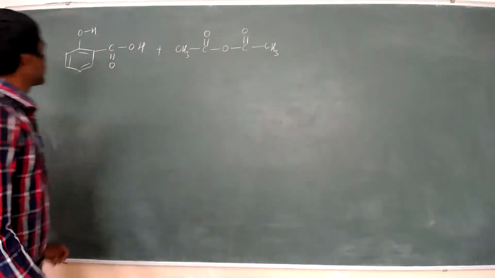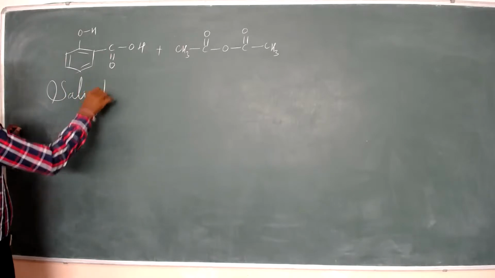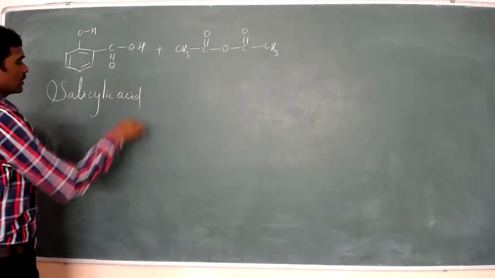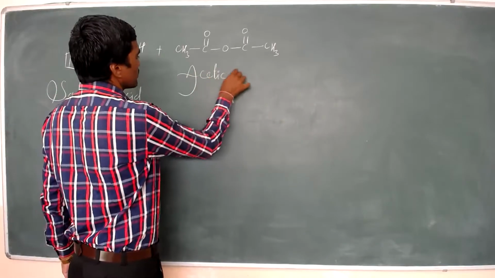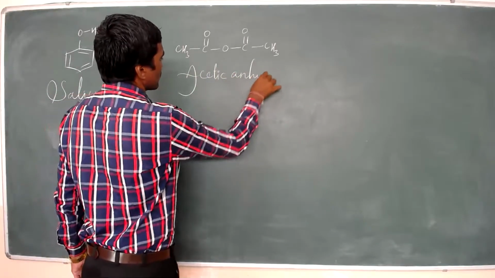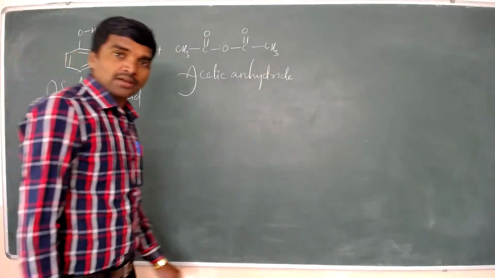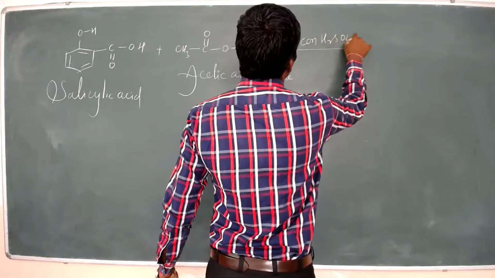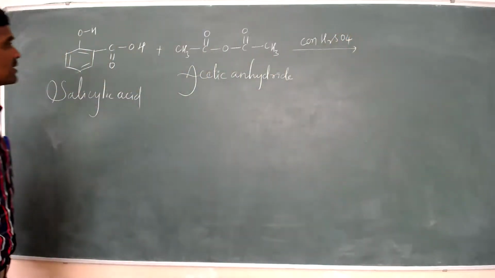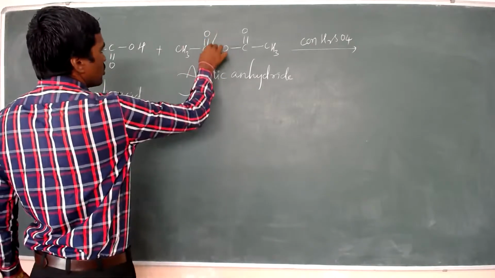Salicylic acid reacts with acetic anhydride in the presence of concentrated H2SO4. So now you see here the bond cleavage.